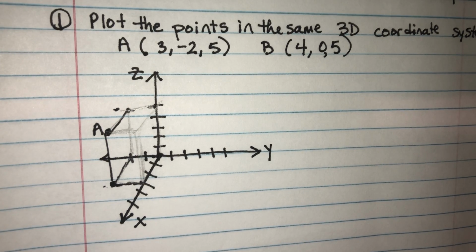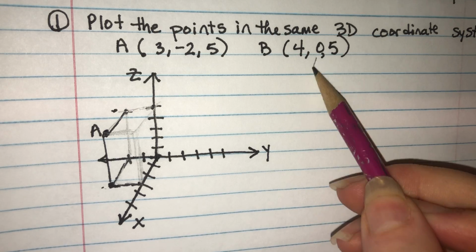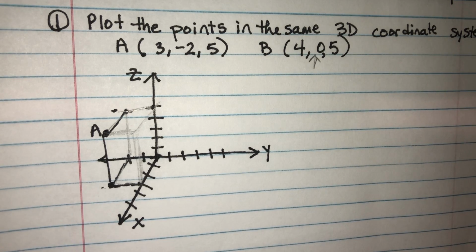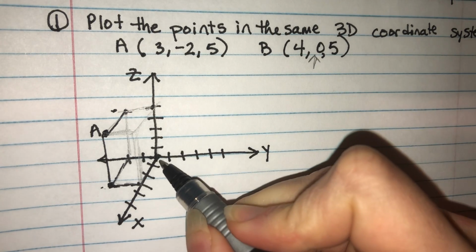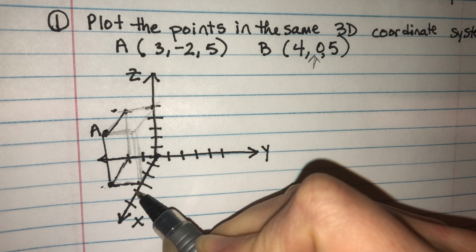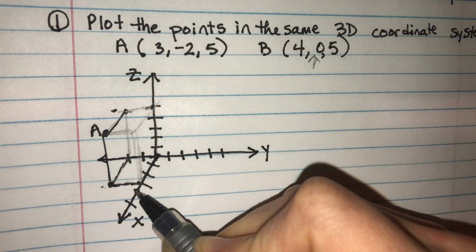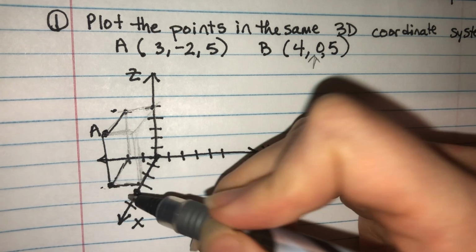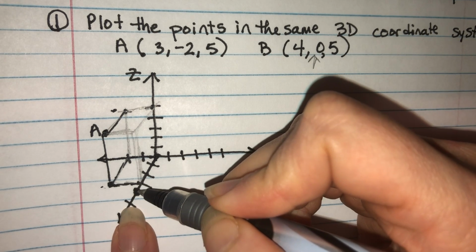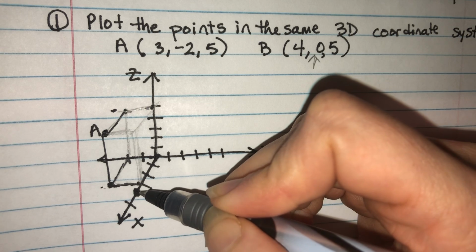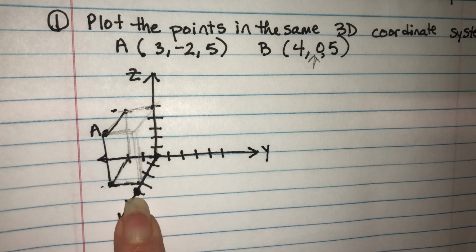Now, point B is a little easier because we got a 0 in here. So we have 4 for X. So I'm coming out 1, 2, 3, 4, one more than we were before. And 5 for Z, we got 0 for Y, so we're not going sideways. So we're just going to go straight up from where we are here, 4, up 5 units.